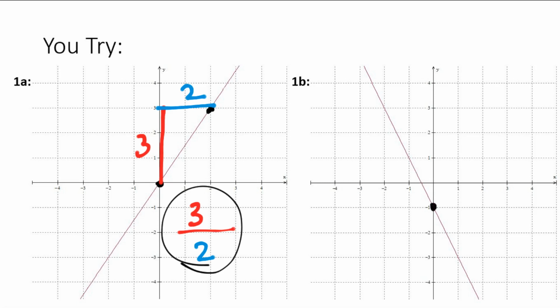I'm going to choose this point, 0, negative 1, and this point, 1, negative 3. And we'll go that way. So remember, this time my rise is negative 2, and my run is 1. So negative 2 over 1 gives me a negative 2 slope.